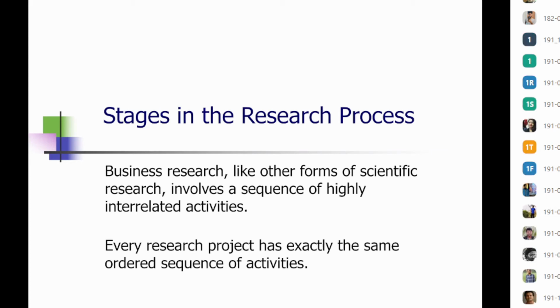So social science research, scientific research, business research, all sorts of research have some common activities. And every research project has the same order and sequence of activities. This means that whether your research is scientific or social science or business research, more or less, most research follows some common sequence.